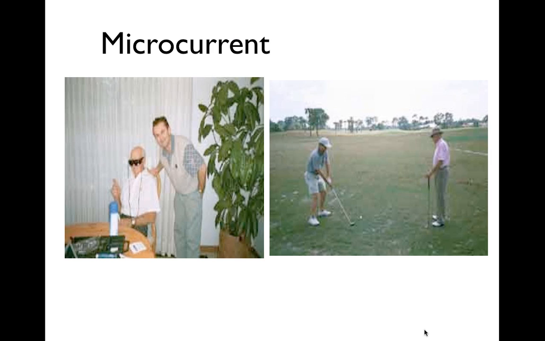At that time, I contacted the microcurrent company, and I purchased some of the machines and began treating some of my patients who did not respond to conventional treatment. And I was surprised. 7 out of 10 of them had a very nice improvement of vision. So I've been using microcurrent in the practice ever since.